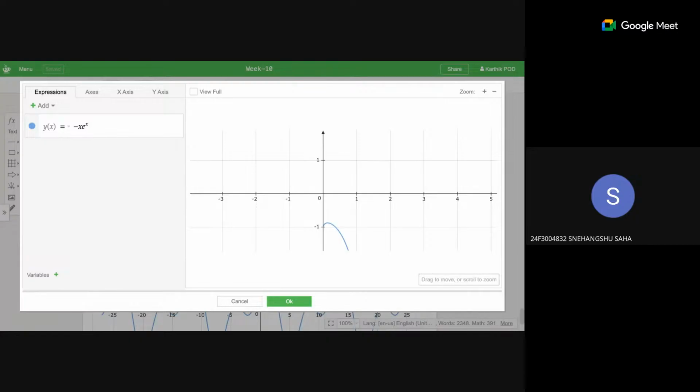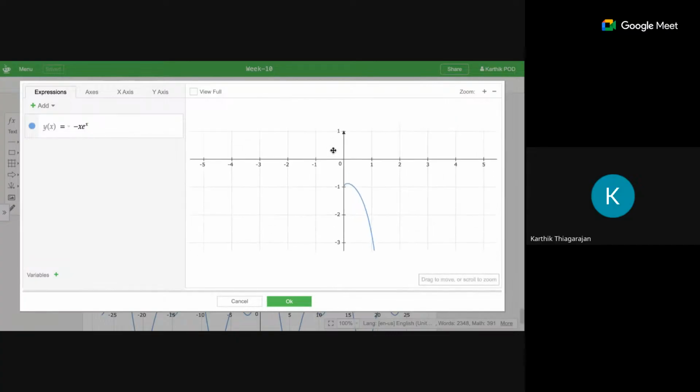No, we are finding a negative of e to the power x, so it has to be either this side or that side. You're asking about e to x. For x equal to -1, what will this be? This will be minus e power -1, right? So it should show up. Why is it not showing up?